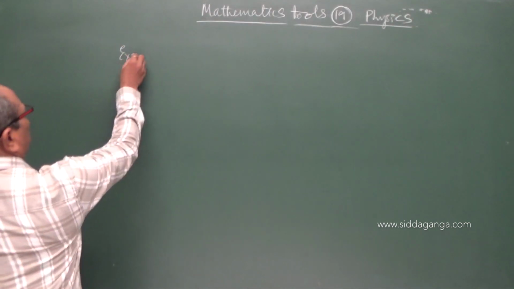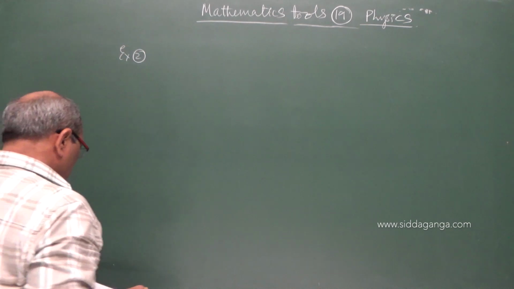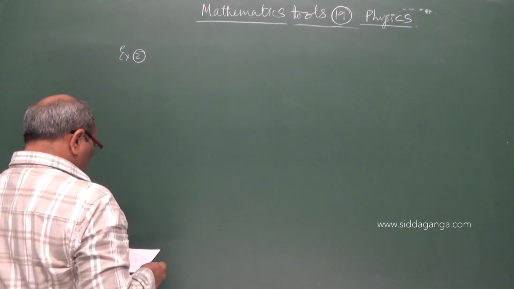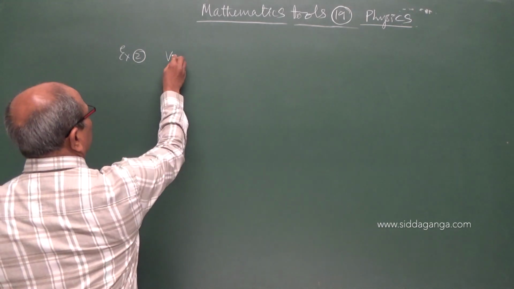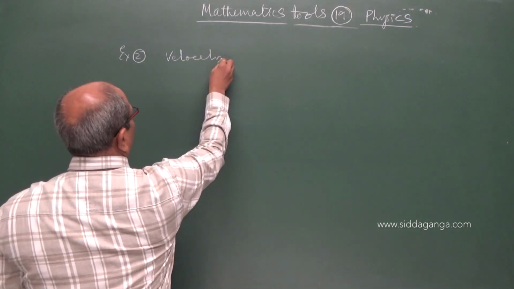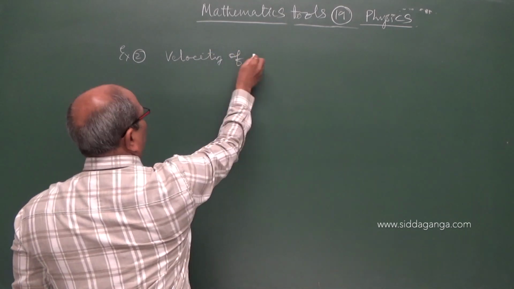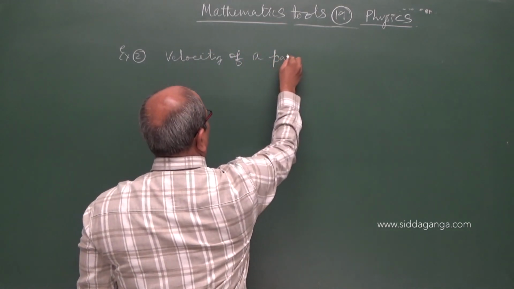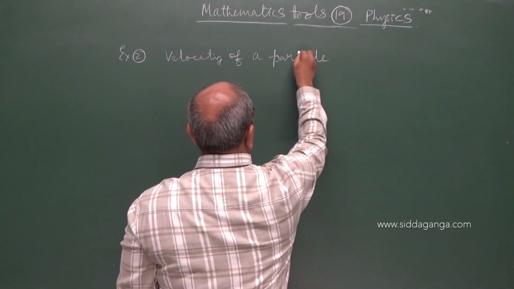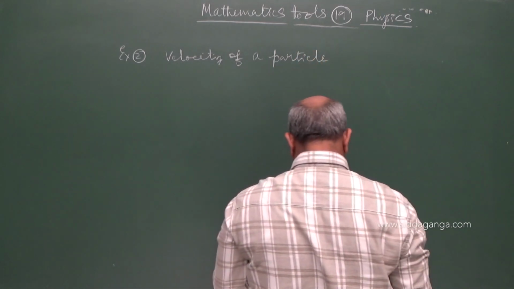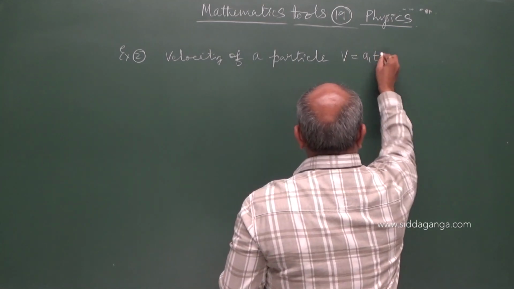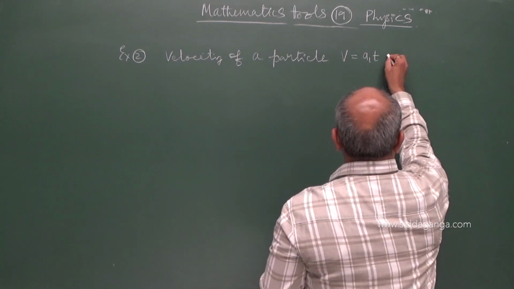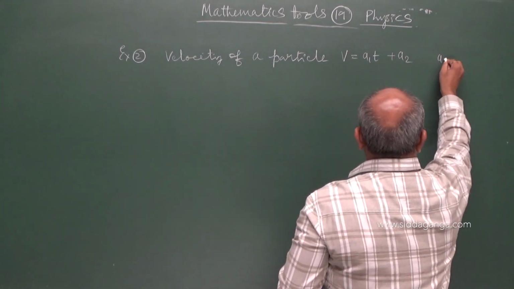See example 2. The velocity of a particle is v equal to a1t plus a2.